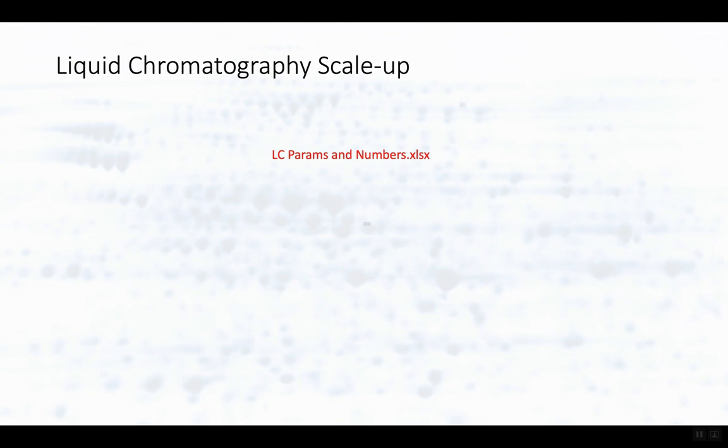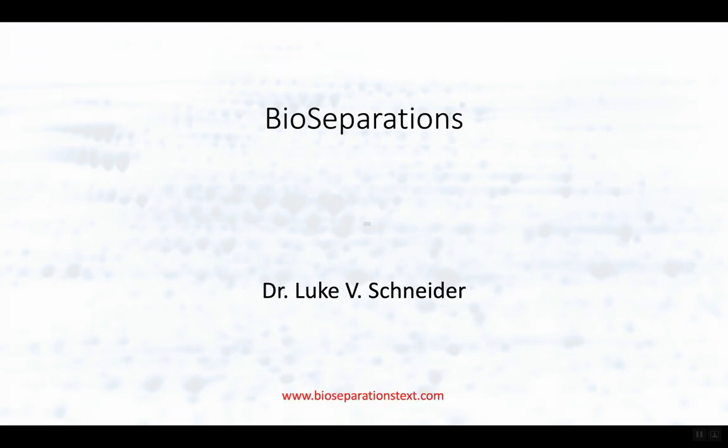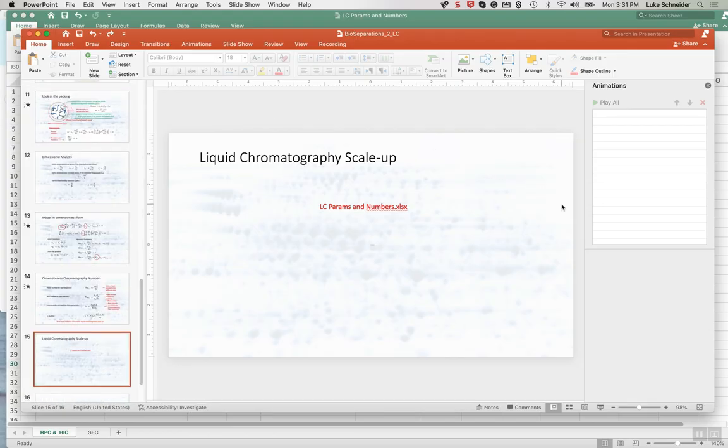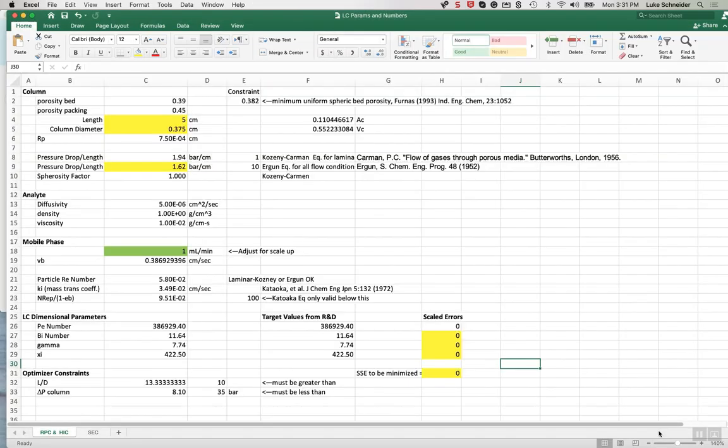How can I scale that up? Or how can I mimic in the lab what I'm seeing in the plant? Let me go to that spreadsheet. This is available on the website. It's a resource to go with the book. How to use this is described in the book. There are some examples.